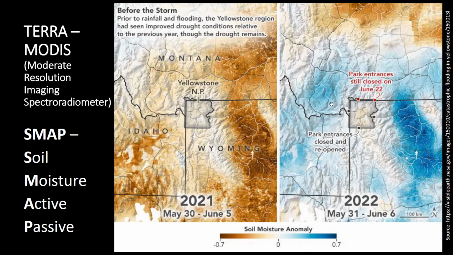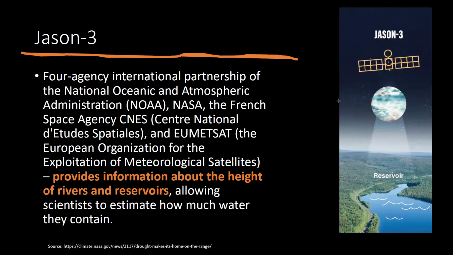And then in 2022, park entrances had to close because there was so much moisture. And look, if there's snow, tons of rain, so that's flooding that basically happened. So we can use these remote sensing images with the different satellites to figure this out.